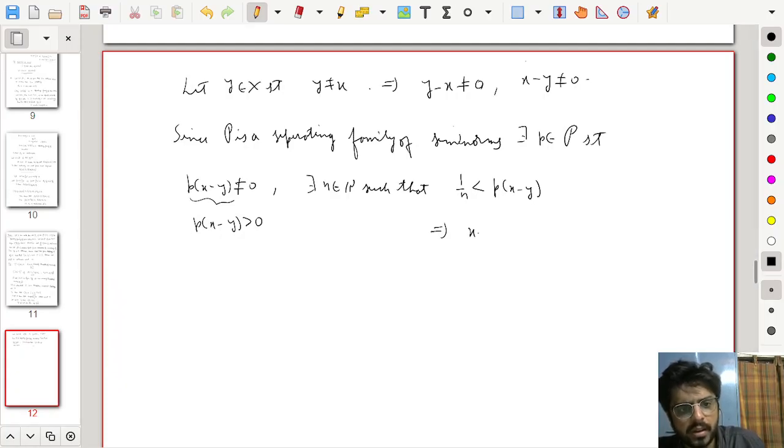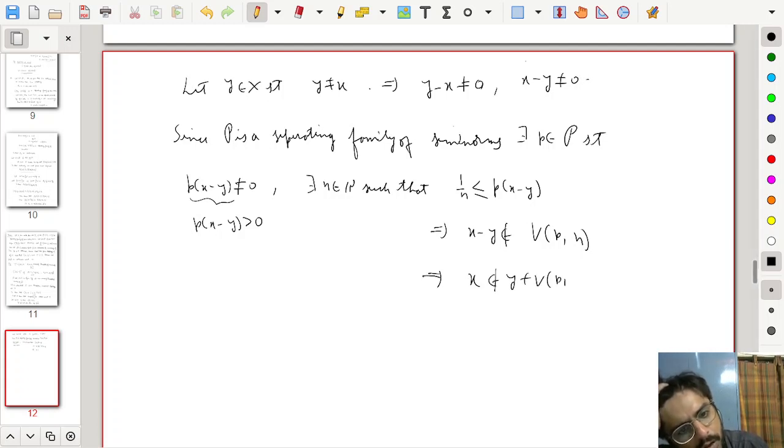This implies P of x minus y is greater than or equal to 1 by n. This implies x minus y doesn't belong to V_{p,1/n}, V_{p,n}. This implies x doesn't belong to y plus V_{p,n}.